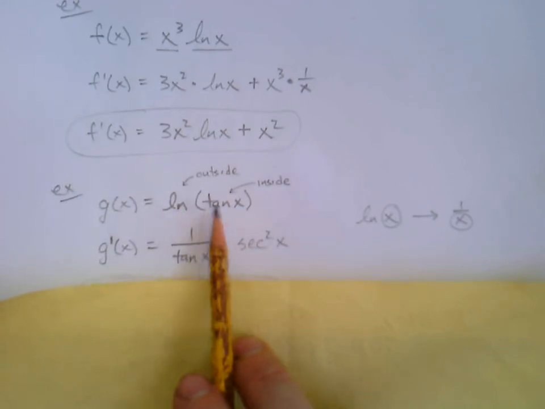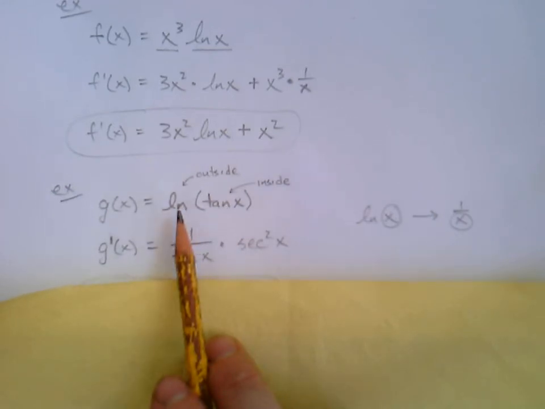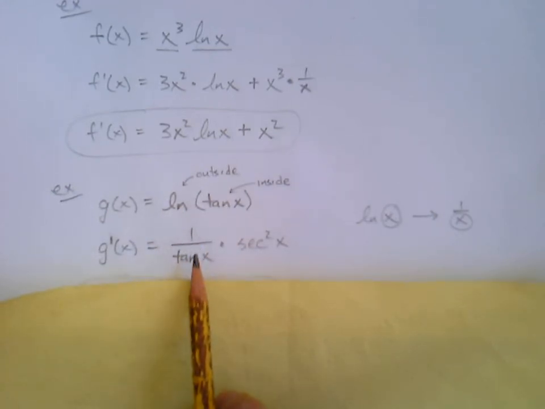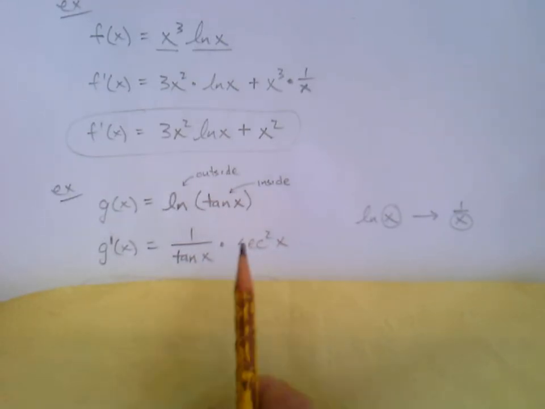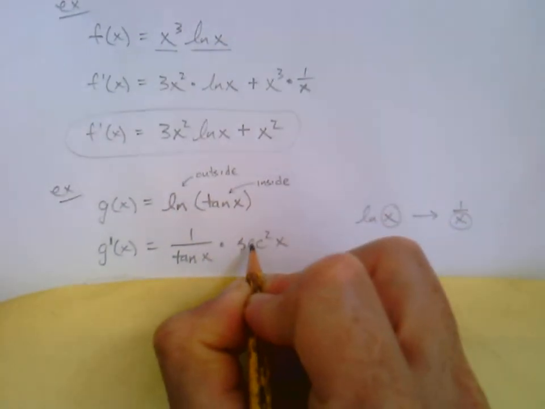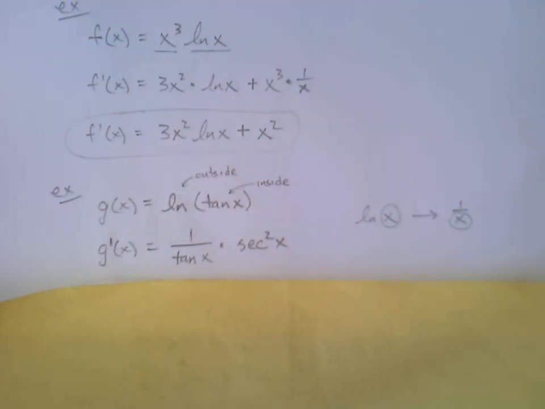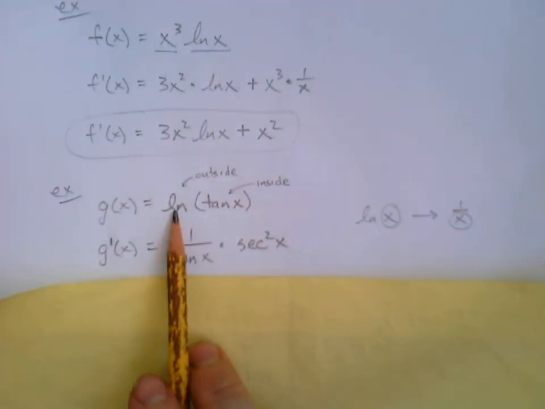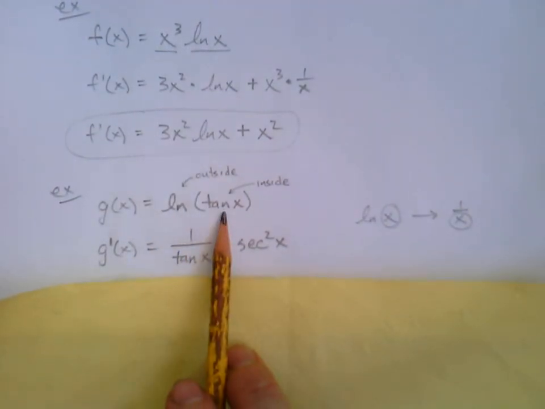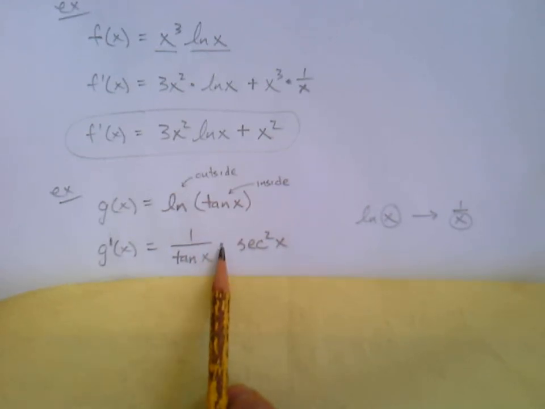But if it's the natural log of tangent x, then the derivative of the natural log is 1 over the tangent x. And then we multiply by the derivative of tangent x, which we know to be secant squared x. So the outside, take 1 over whatever's in here, and then multiply by your derivative of that.